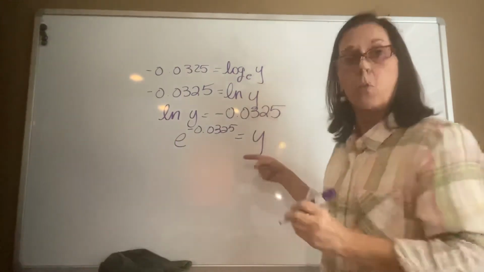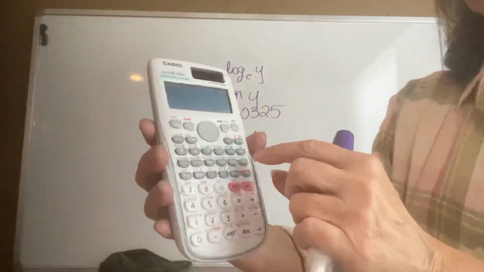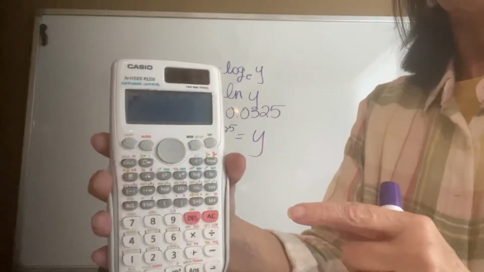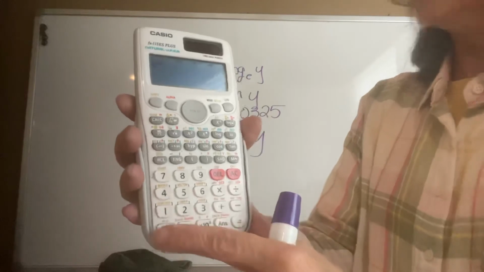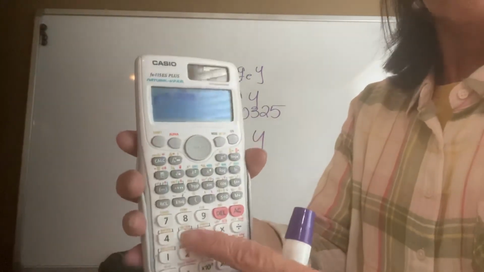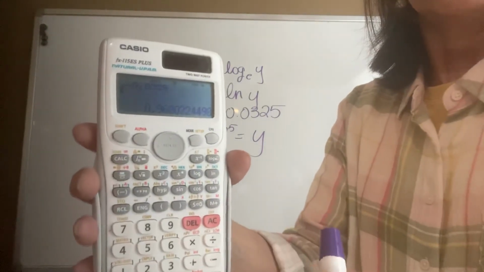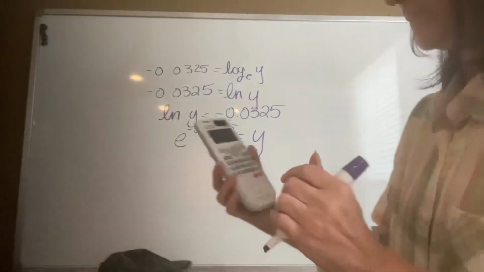And that is what y will equal. All right, so I can do that in my calculator. I hit Shift ln. That brings E raised to a power. I'm going to put in negative 0.0325. I hit enter. And that's my solution.